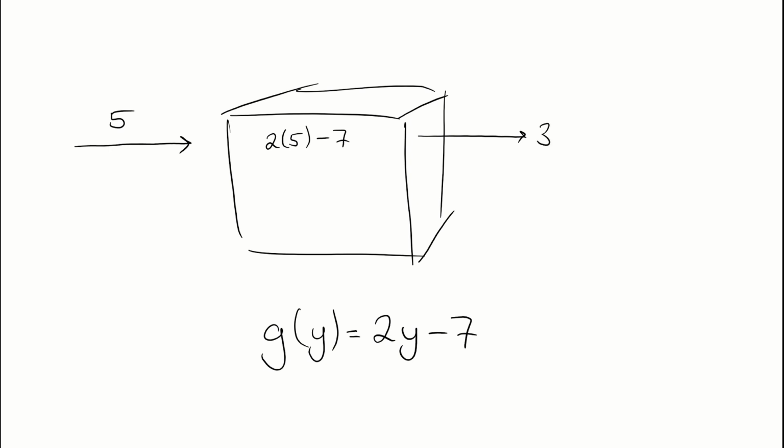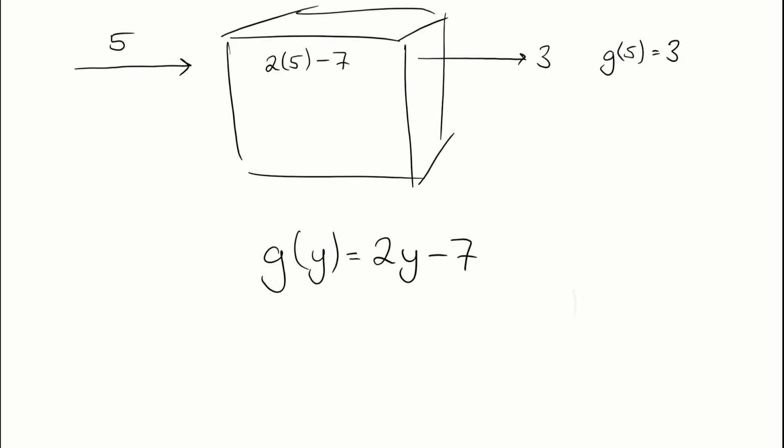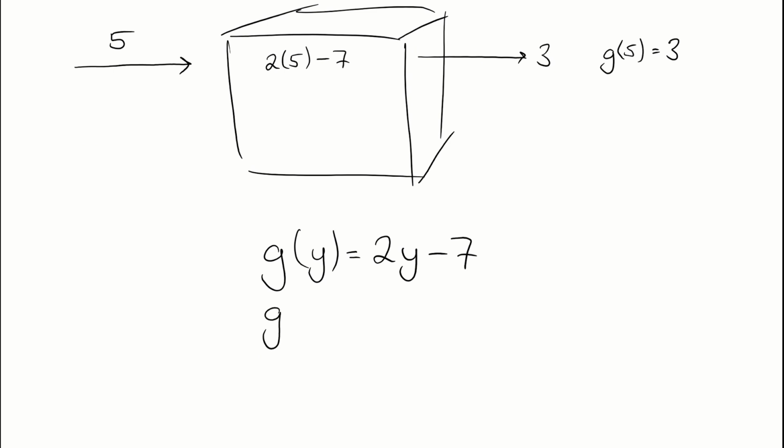And how do we denote that using function notation? Well, we say that G of 5, so if I give Grace the number 5, she will give me back the number 3. So if I wanted to work out what G of 4 is, everywhere I see a Y over this side, I have to put a 4 in.